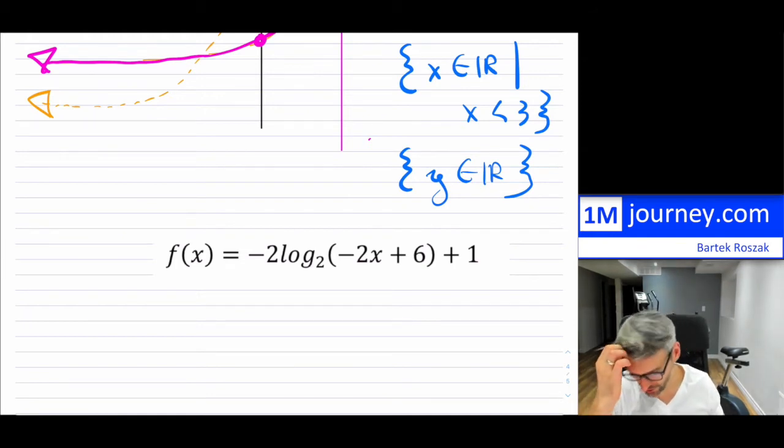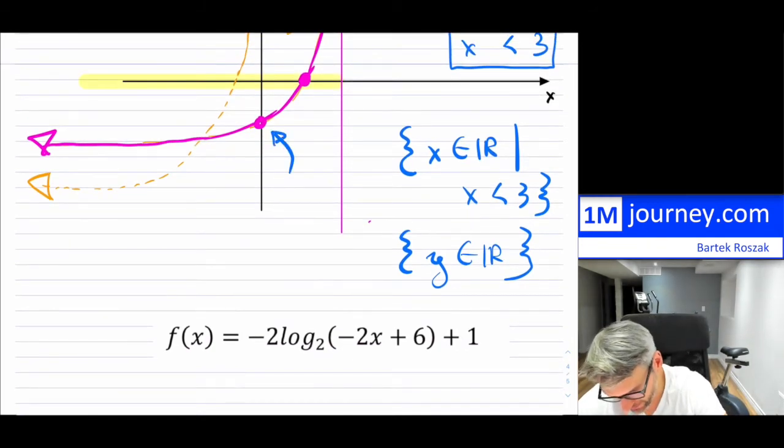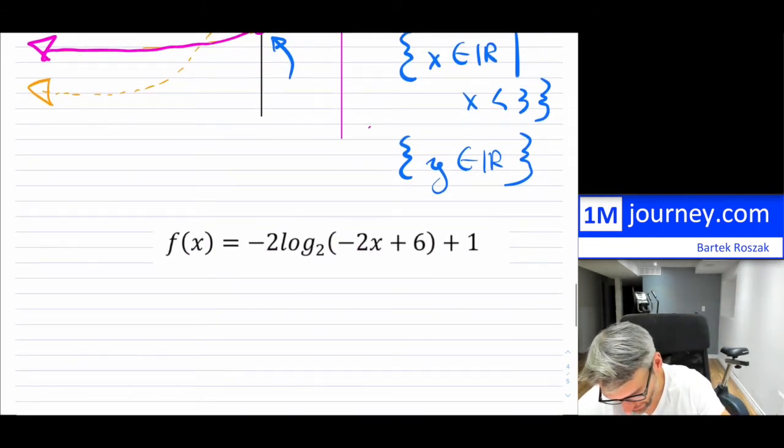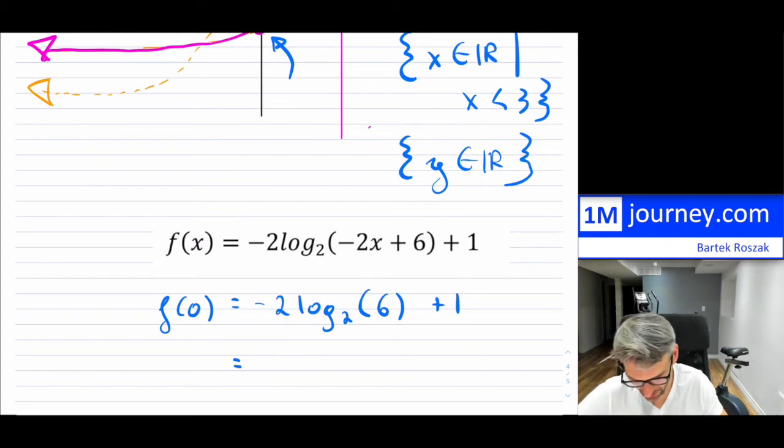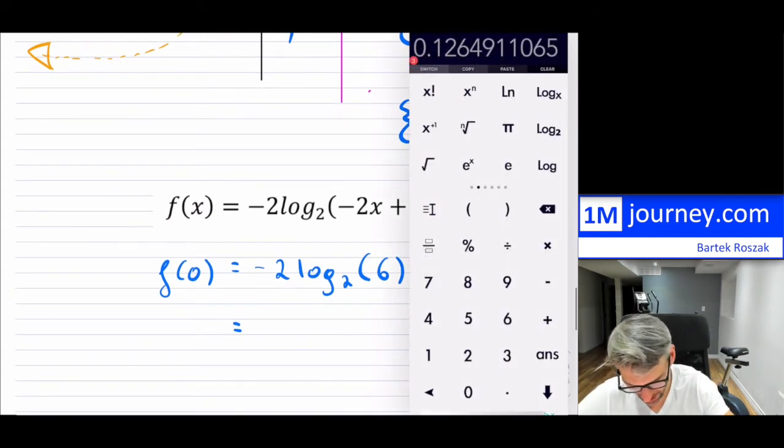So first, if we set x equal to 0, we're going to find the y-intercept. So we're going to be able to find this point right here. If we do that, what do we get? f at 0 equals -2 log of 2, it's 0, so it's going to be 6 and then plus 1. So whatever that comes out to be, let's see.